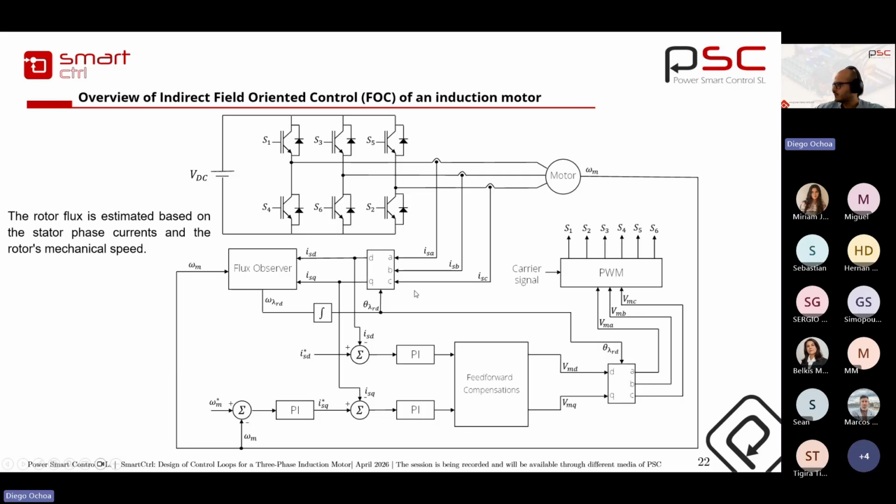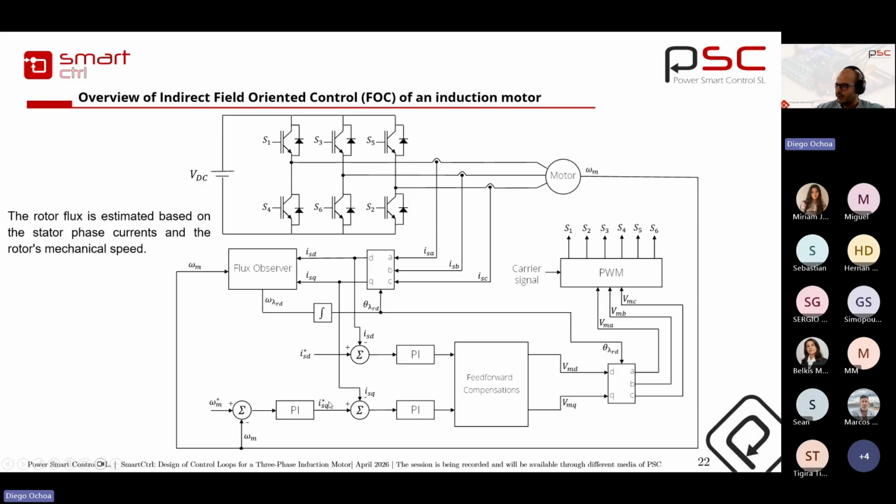As mentioned before, we have two axes for the current control. The D axis is related to controlling the flux, the magnitude of the rotor flux, and the Q axis is used to control the torque of the motor.